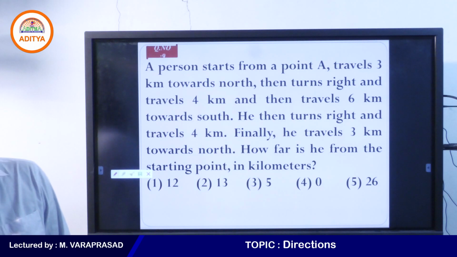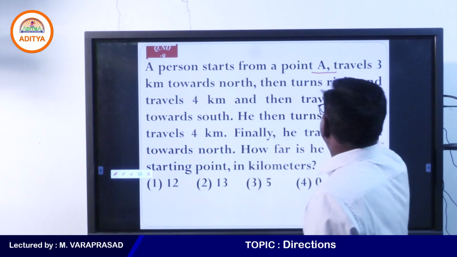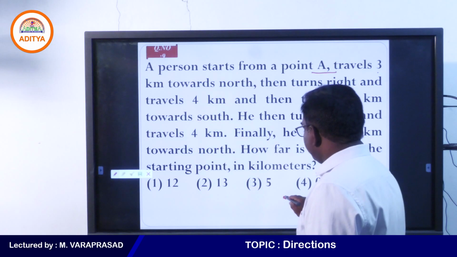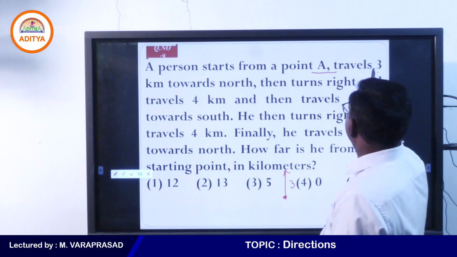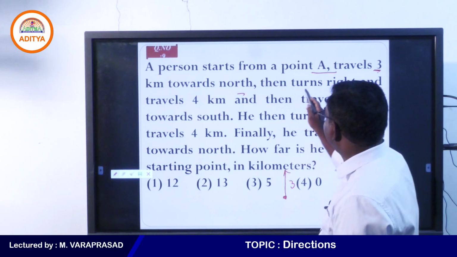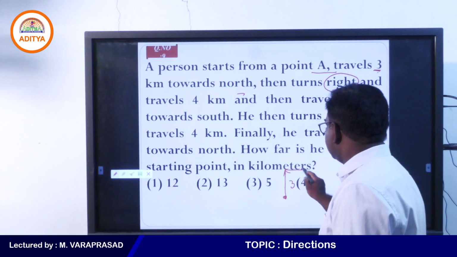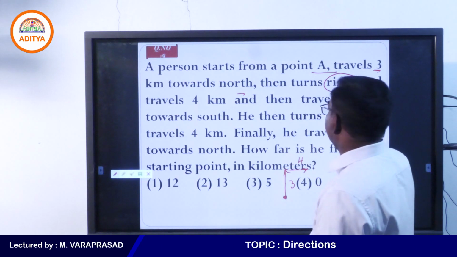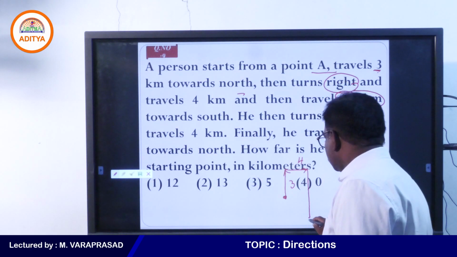Yes, my students, very good. So what is the first point here? A person starts at point A, travels 3 kilometers towards north, then turns right and travels 4 kilometers. And then travels 6 kilometers towards south.